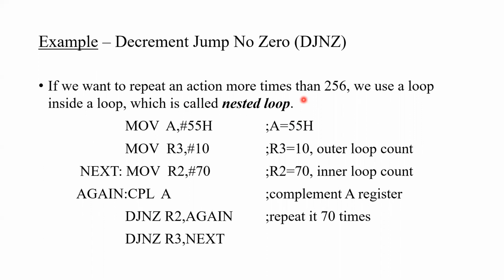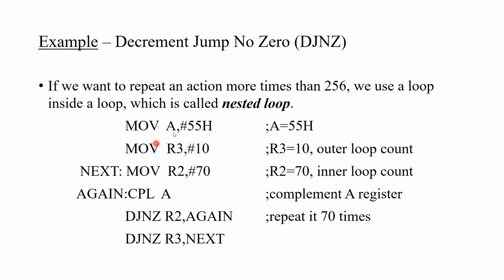But if I want to execute this loop more than 255 times, since the range is 0 to 255, what do you do? For more than 256 times, we use something called a nested loop, so that we set two counters.